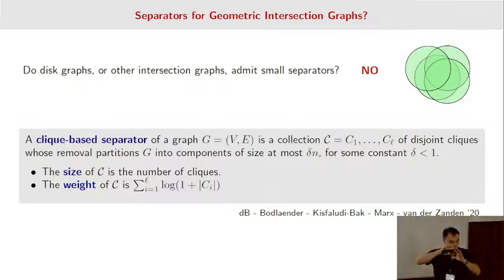So normally you count the number of nodes, but now if I put a big clique in there, it counts as 1. Okay, so I have a separator consisting of a small number of cliques rather than a small number of nodes. Okay, and the question is, does it exist and is it useful? And the answer to both turns out to be yes.